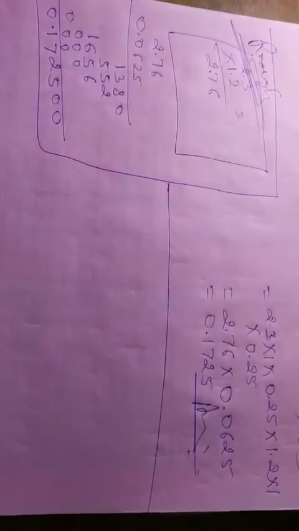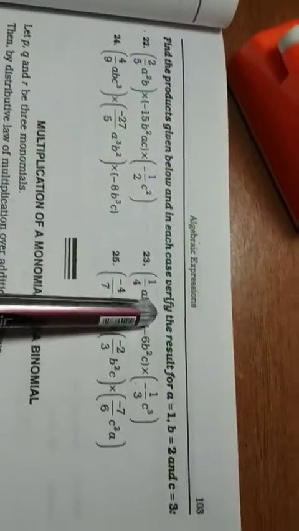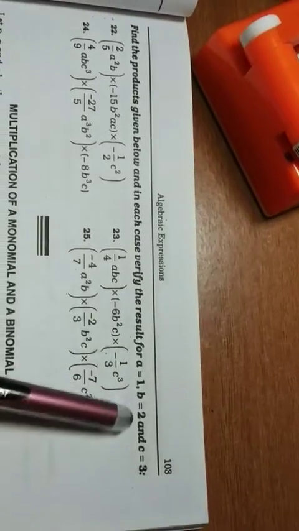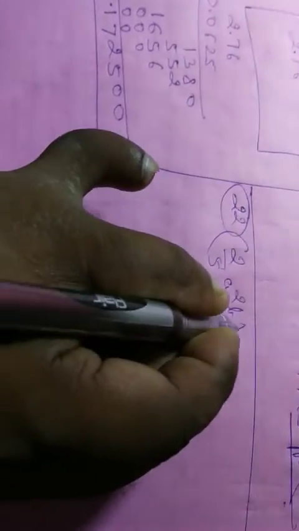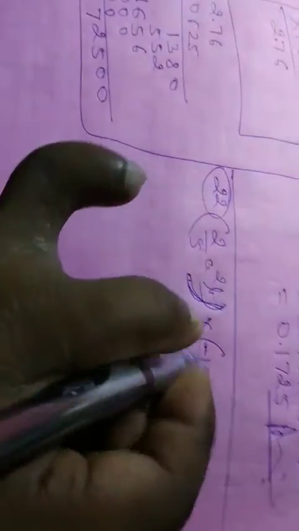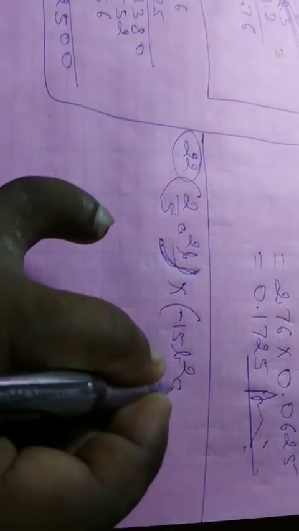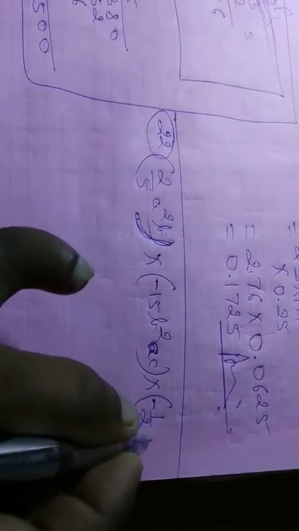Now question number 22. Find the products given below and in each case verify the result for a is equal to 1, b is equal to 2 and c is equal to 3. Students, question number 22: 2 by 5 a square b into minus 15 b square ac into minus 1 by 2 c square.